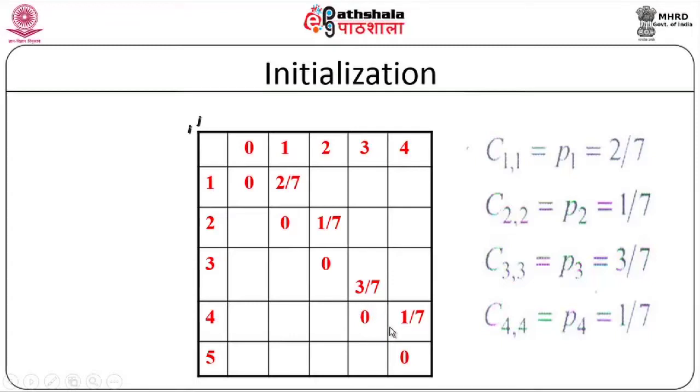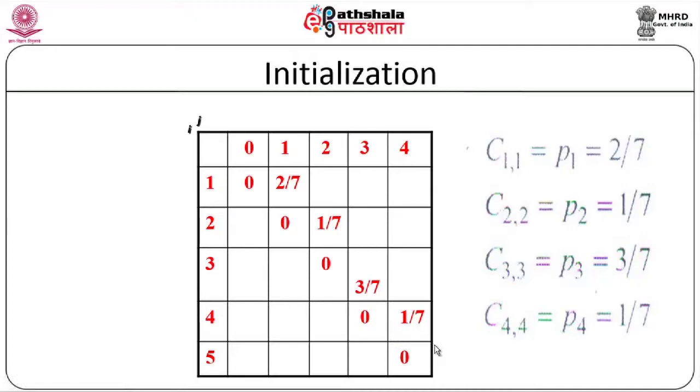This is how the initialization looks, and you can see that 1 comma 0, then 2 comma 1, 3 comma 2, 4 comma 3 and 5 comma 4 are all going to be 0. Now this is how the initial table looks.